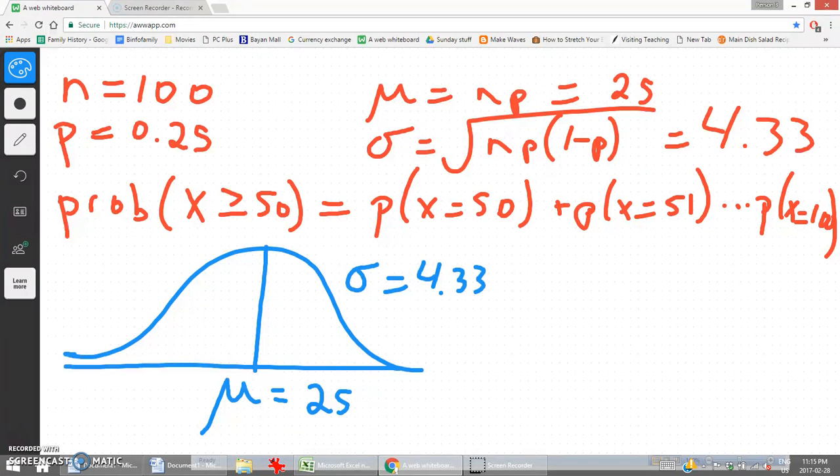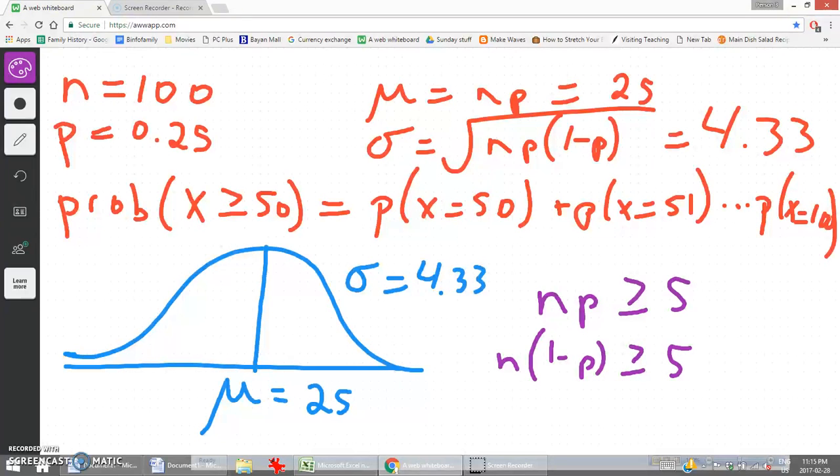Now there are some checkpoints we have to do in order to make sure that we can actually convert this binomial to a normal distribution. A couple of them indicate that n times p has to be greater than or equal to 5, and n times 1 minus p also has to be greater than or equal to 5.